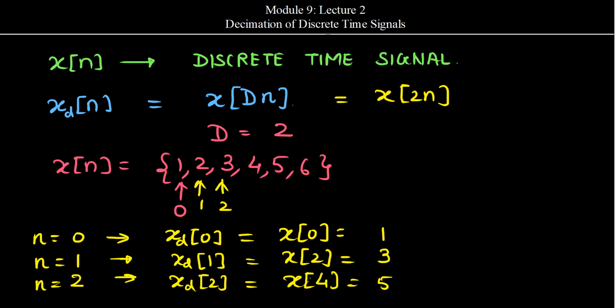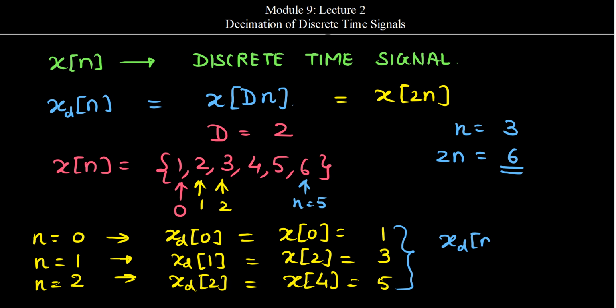Now if I consider the value of n as 3, then this 2n will give me the value 6, and as we observe here, this 6 is located at n equal to 5, and after n equal to 5, x of n is 0. So we are having only these three values that belong to xd of n.